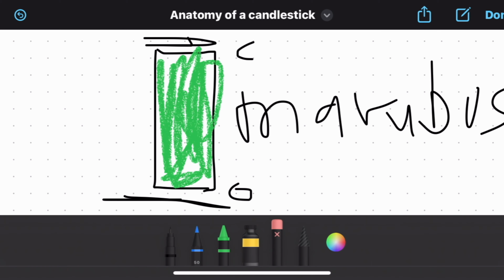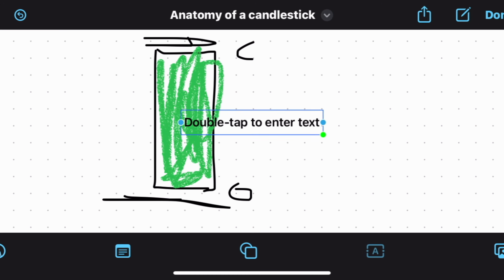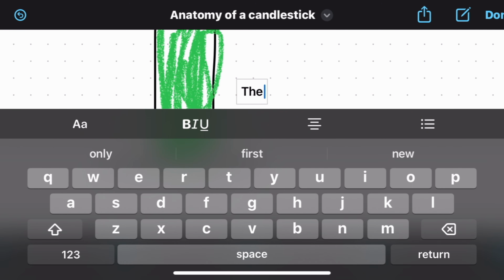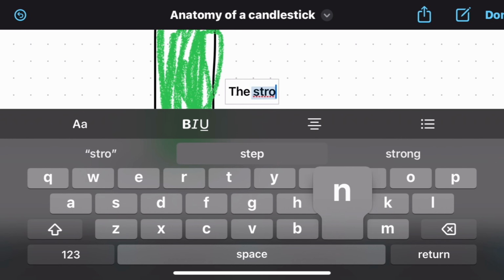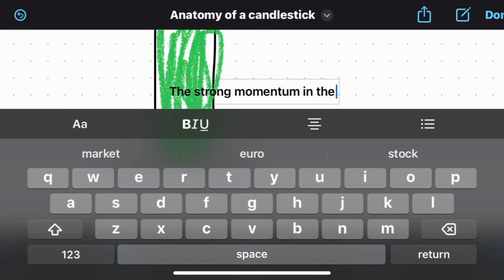So usually the application for a Marubozu candlestick, it indicates that there is great momentum or strong momentum in the market, right?